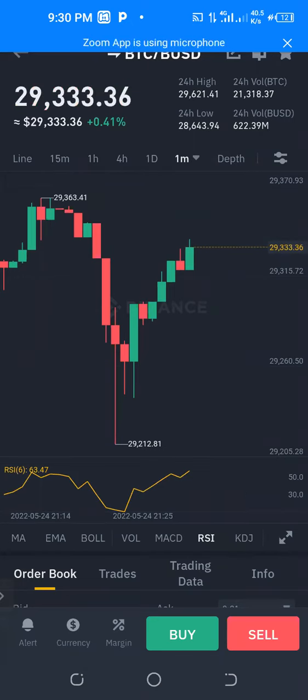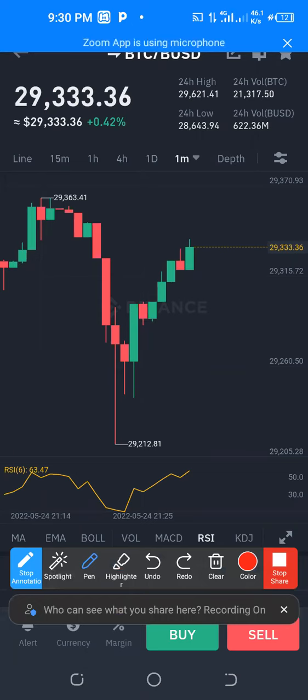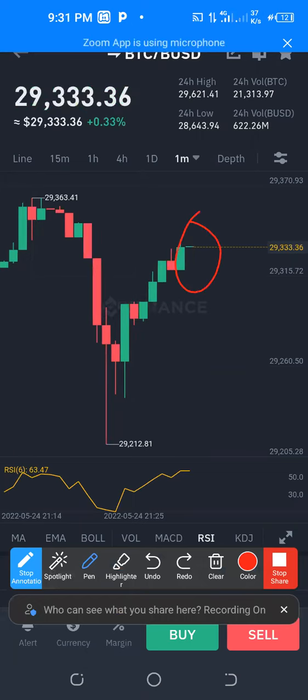You can see this last candle, the green, initially it was up here before it reduced down again. Look at it. This is another minute at 9:31. It forms another candle. So if this is going up, you can see it is showing green because the buyers are in charge in the last 1 minute.